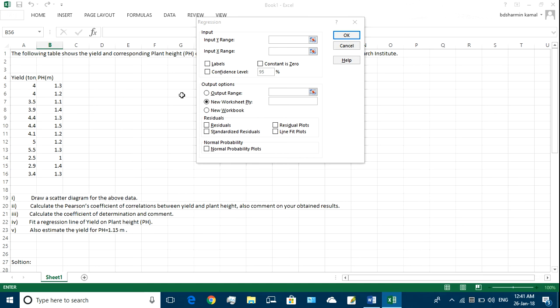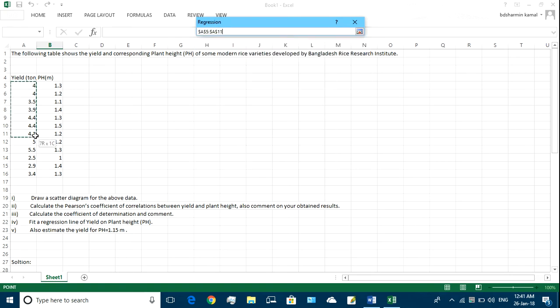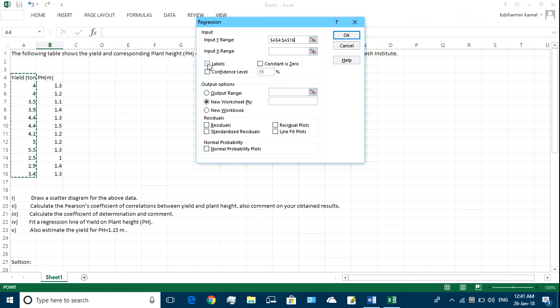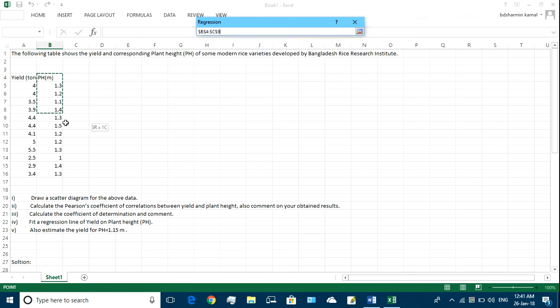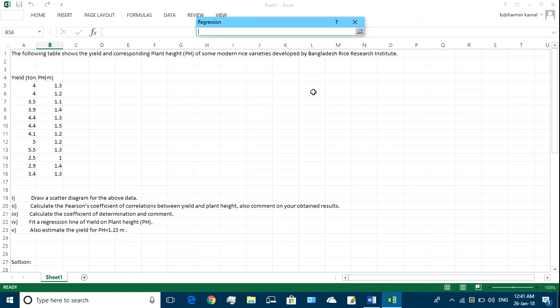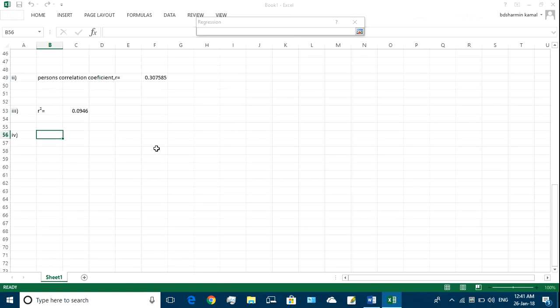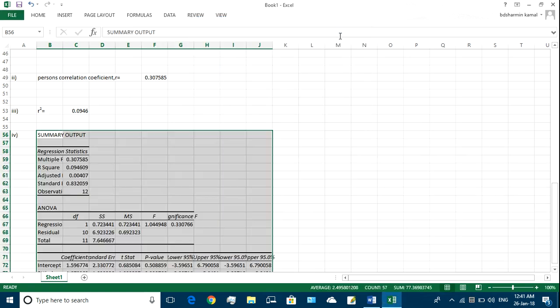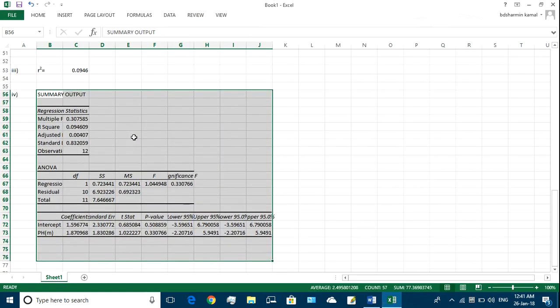That means input y range, then we will select yield, of course with the label, because we have to mark label. Now input x and we will input pH, and the output range where the results will be shown here. Now click OK, and this is our output.